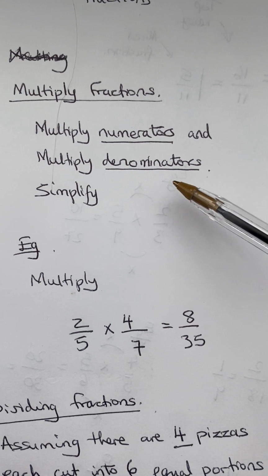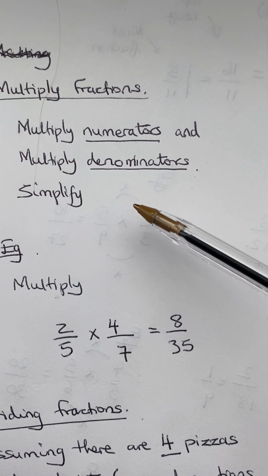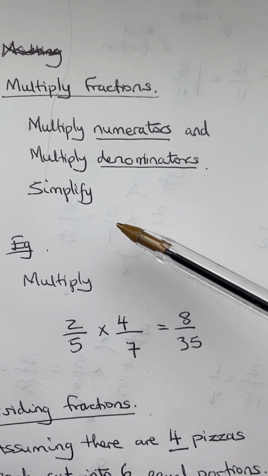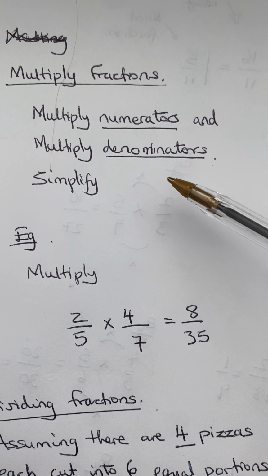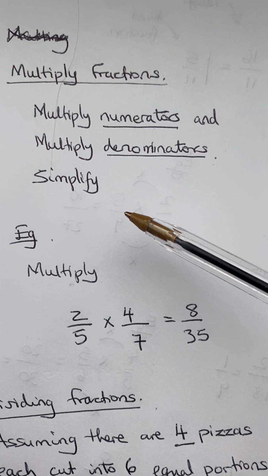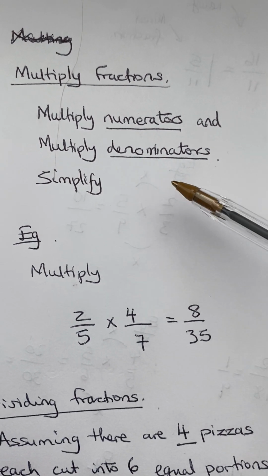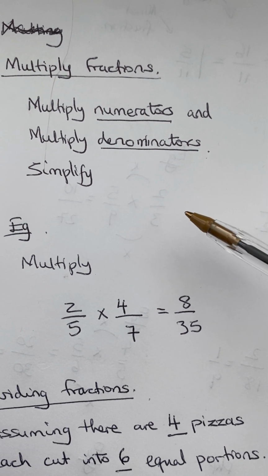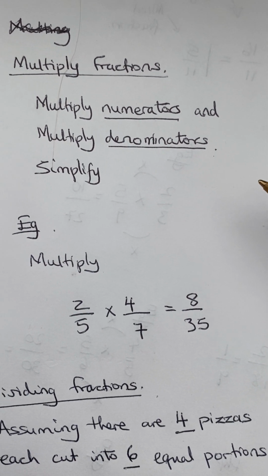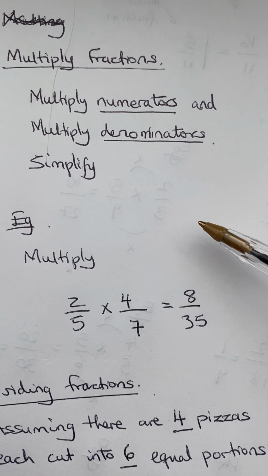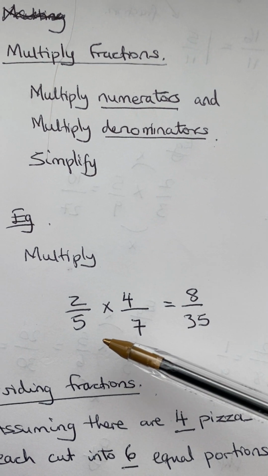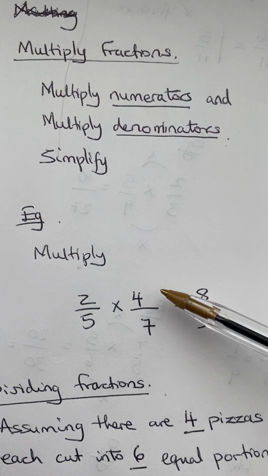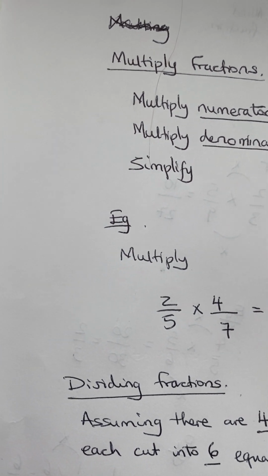Maybe you reduce it to the lowest form if the question is asking you to do that, or you can leave it as a top heavy fraction, or an improper fraction, or a mixed fraction. We've done all of those in the other videos. I'll give you examples today to show you what I mean.